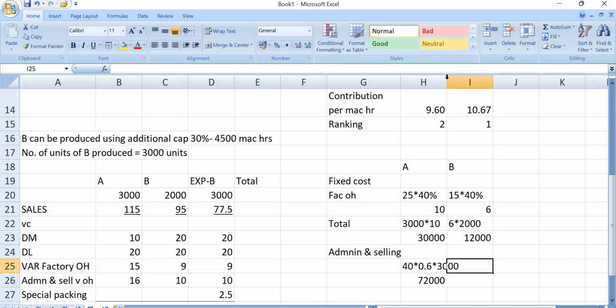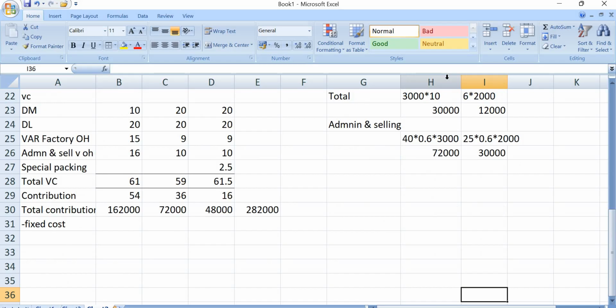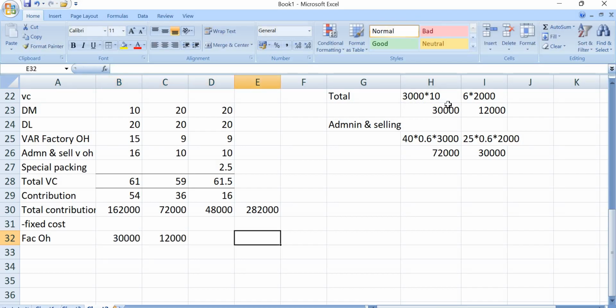Here it is 25 into 60% into number of units, that is 2000 units. So 30,000, right? So factory overheads, that is 30,000 and 12,000. So totally we are having 42,000.